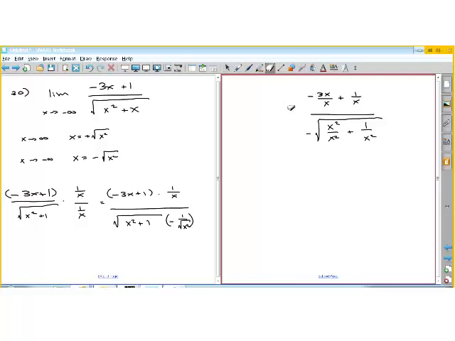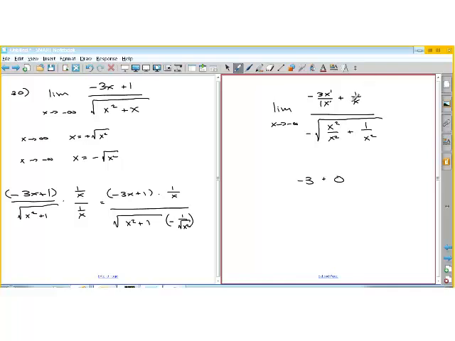Now I'm going to go ahead and put the limit back on there. We're going to take the limit as x goes to negative infinity. Well, this has the same exponent, so you can cancel those out and just take the leading coefficients, so you'll end up with negative 3.